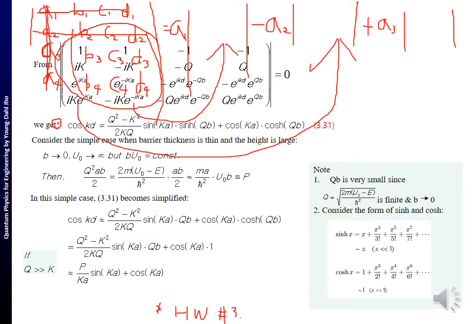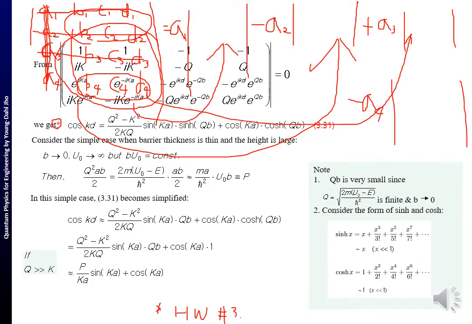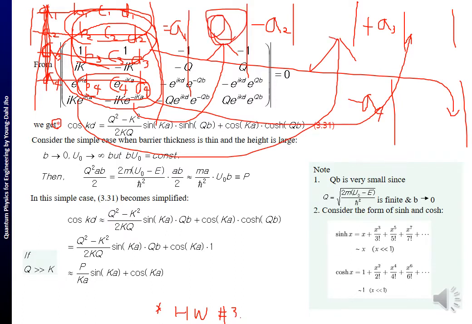For A3, same row, same column ignored, and the rest we move here. Then minus A4. Now you know the process. Same row, same column ignored, and the rest moved here. Then we calculate the 3 by 3 determinant. Right? We make it simple and simple all the way down to 2 by 2.